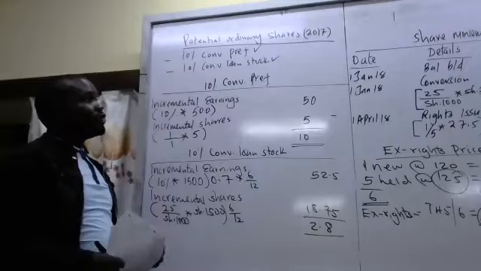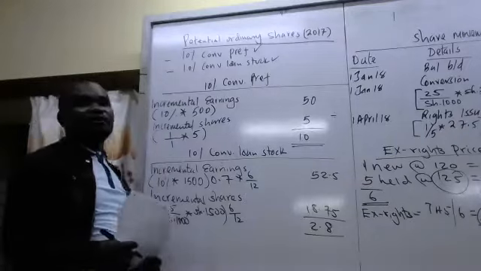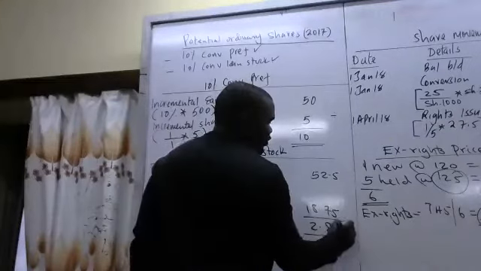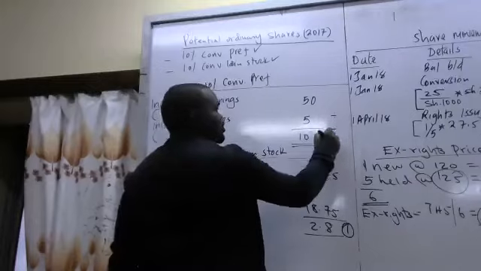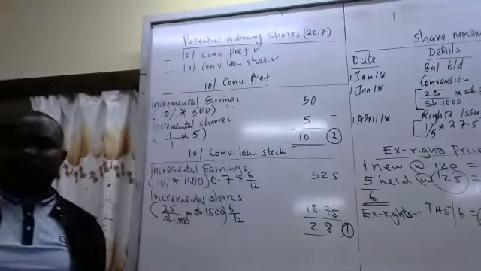They were only 2, so rank them. The lowest is ranked first. So this one takes position 1, this one takes position 2, like that.